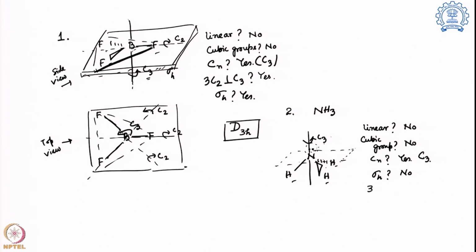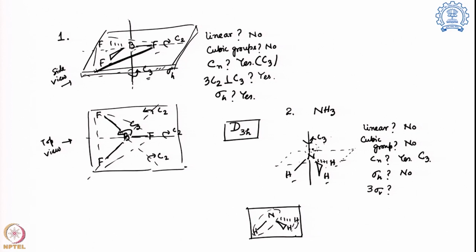Then the next question is, do you have 3 sigma v's? So, just drawing the structure one more time. You can see this particular plane, the plane of the board containing this NH bond, is going to remain the same. These hydrogens will replace each other.